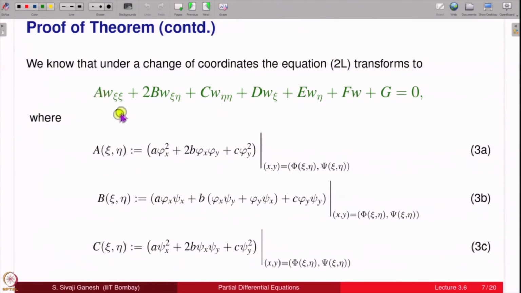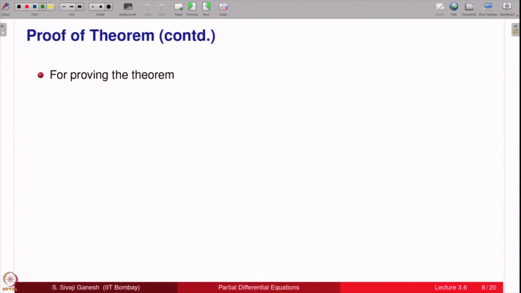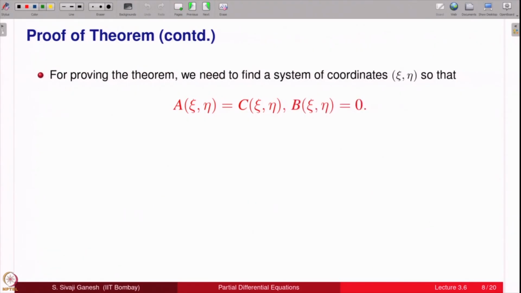In particular, a must be equal to c, and b is 0. Once b is 0 and a equals c, we can divide by a, then I will get w xi xi plus w eta eta anyway. So, the condition is a equal to c and b equal to 0, that is enough.